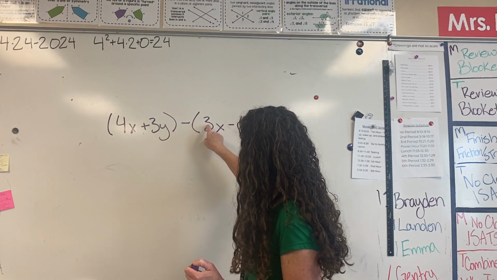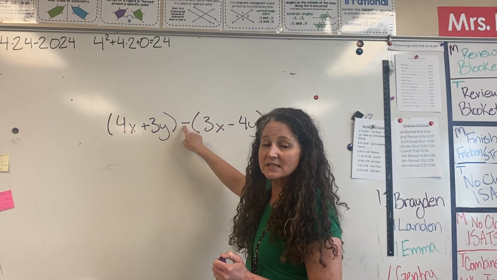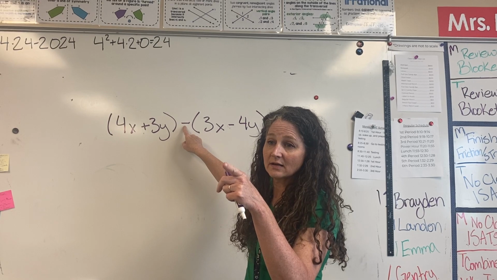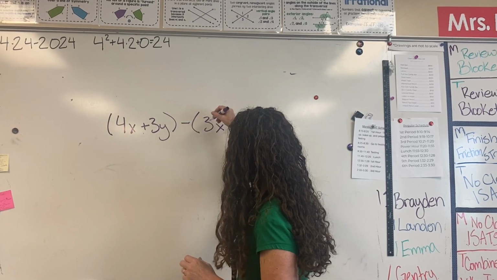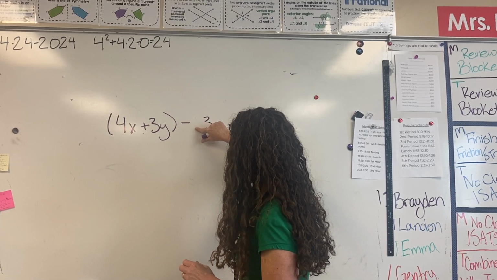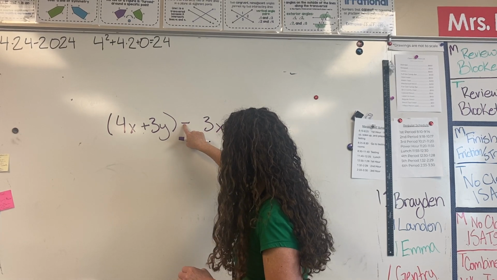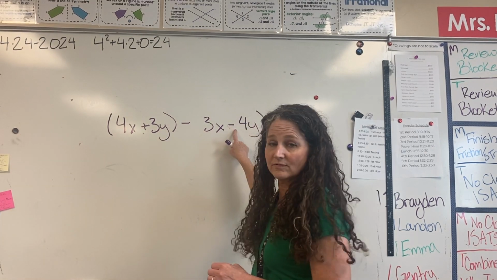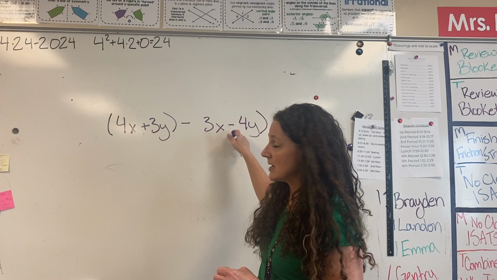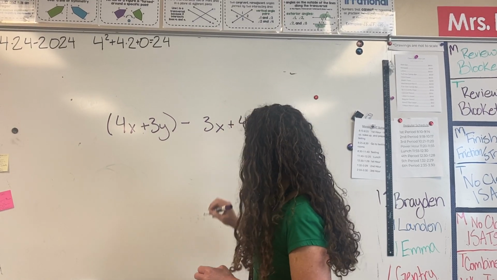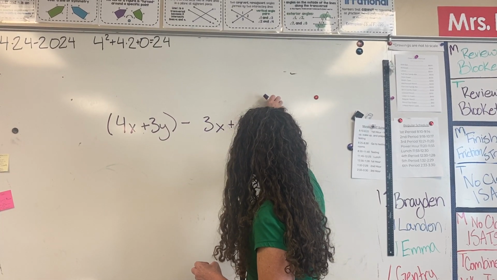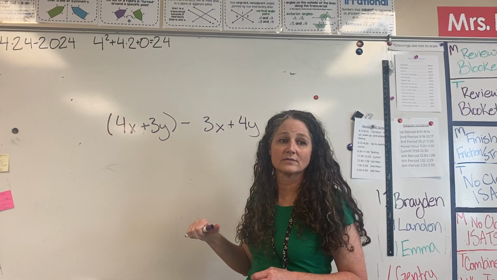So this is a positive 3x. What is this negative going to do to it? It's going to make it negative. So I can take that off right there. And then I have a negative 4y. So what's that going to do? It becomes positive 4y. Do you see how that works? Now I can take the parentheses off.